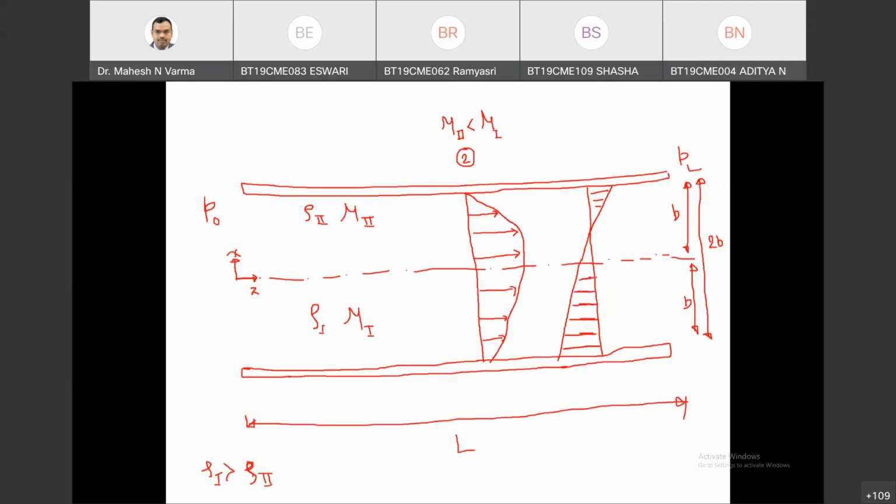Sir, I'm assuming viscosity is more in the lower region. Like tau equals minus mu into dv by dx, no, sir.